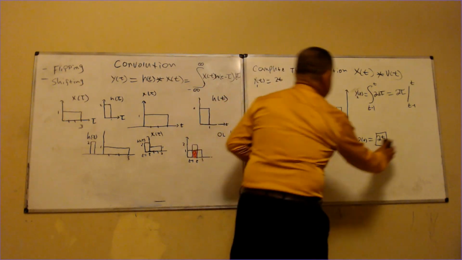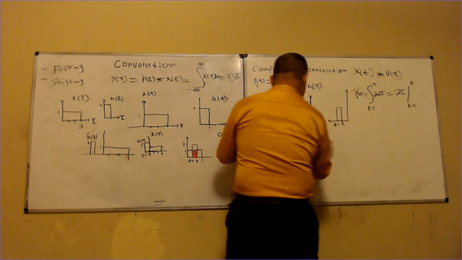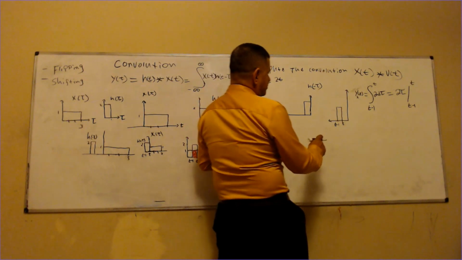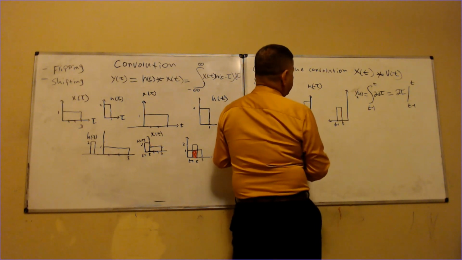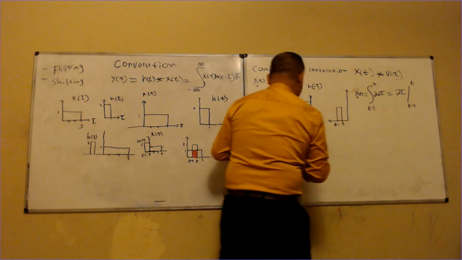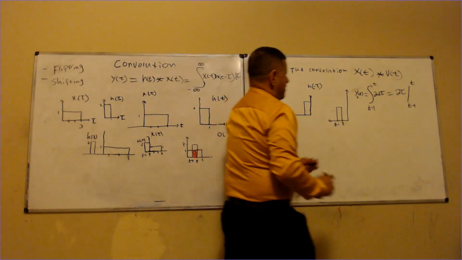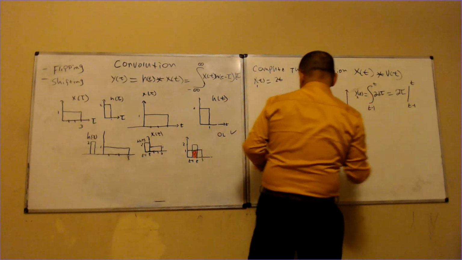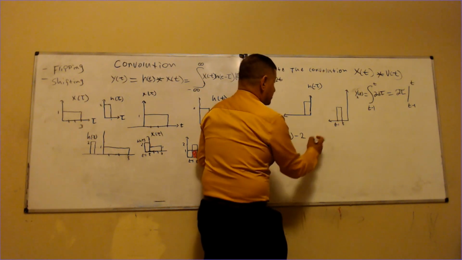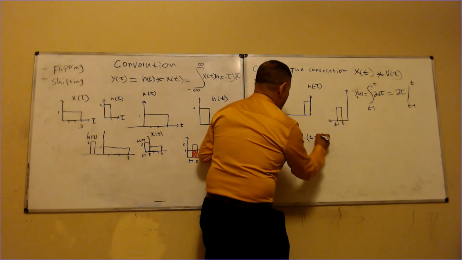Let me just do this because I need a little more room. So, as you can see, evaluating that, it's going to be 2t minus that evaluated at t minus 1 again.